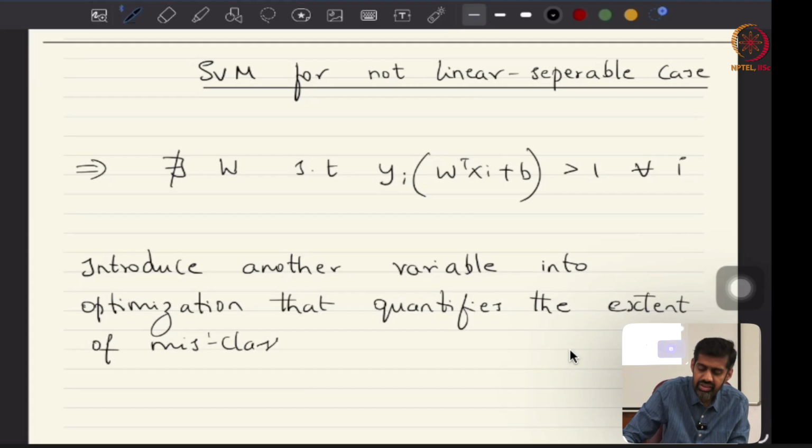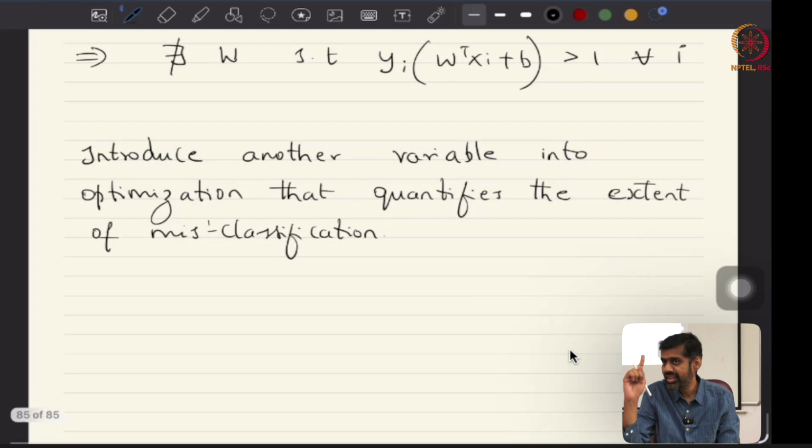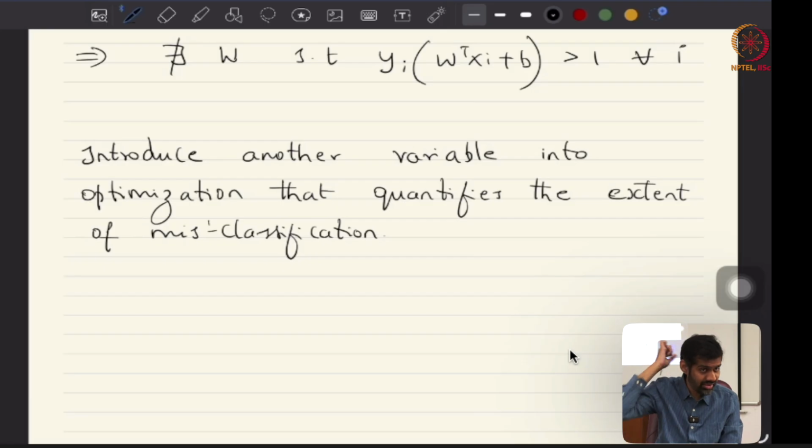If the data is not linearly separable, and remember we are still looking at linear discriminant functions, this means that we are going to make mistakes. Now what we should do is find a decision boundary that would minimize the mistakes in a sense. So to quantify the mistake that this decision boundary is incurring, we will have to introduce another variable into the optimization. Now how do we do that?